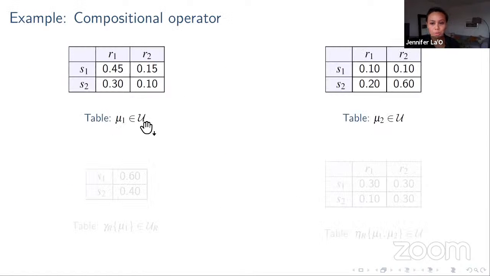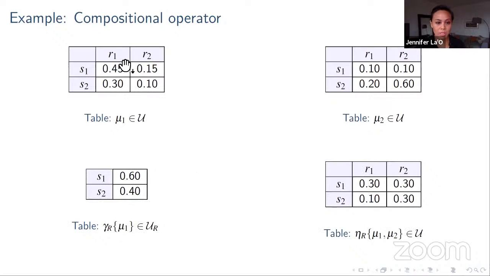Suppose you have two distributions, mu1 and mu2, and I'm just looking at the state space over R and S, and suppose they only have two states, so I can write this as a 2x2 matrix. This is one joint distribution, and this is another. Suppose I coarsen this one.